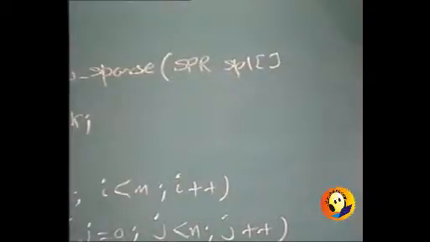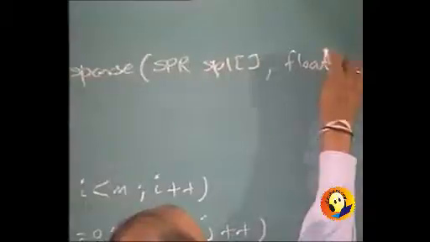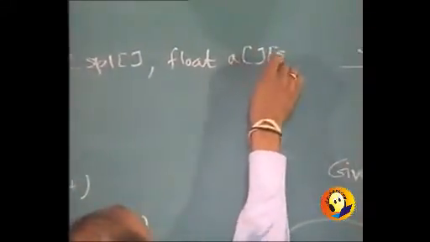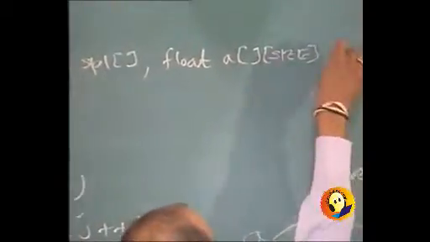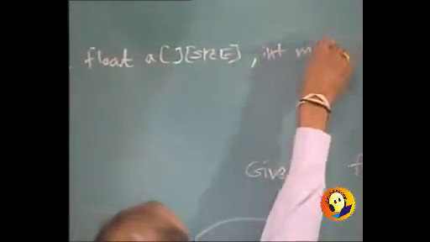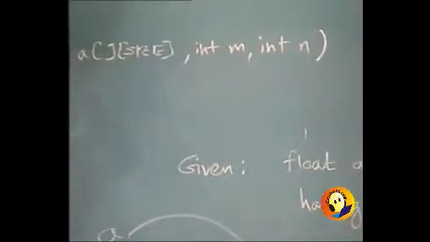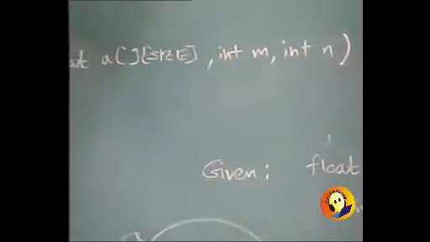So in SP1 the result should go, of float A having some size, number of columns should be passed, and don't forget that I will have to exclusively pass int m, int n, because otherwise how will I come to know how many rows and columns are there? So you will have to pass size also, and then it will not return anything.